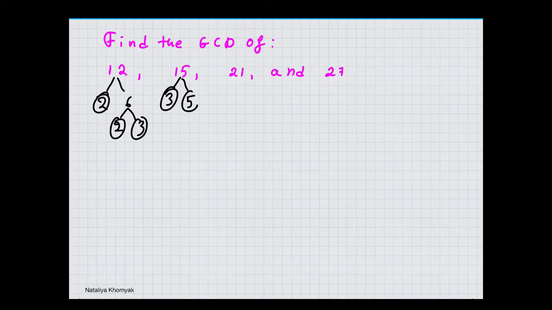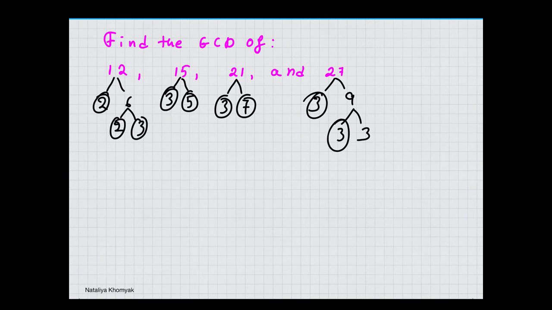Both are prime, so we're done with 15. 21 is a 3 times 7. And 27 is a 3 times 9. So this is a prime. And 9 can be factored into 3 times 3.